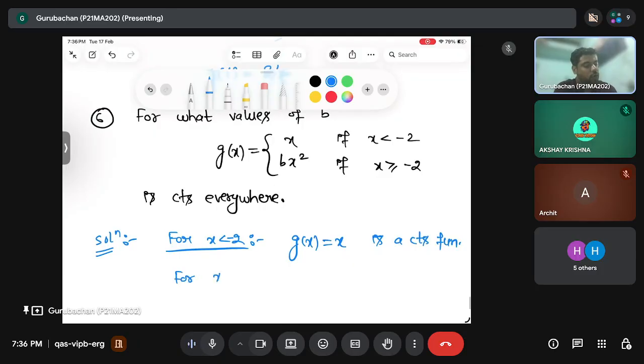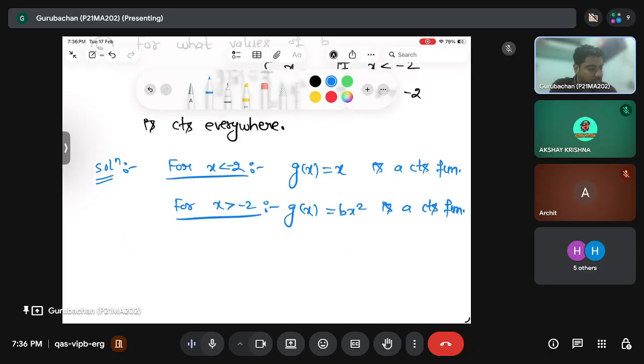Similarly, for x greater than minus 2, b is any real number for the time being, so this will again be a continuous function, because multiplication by any constant does not affect the continuity of the function.